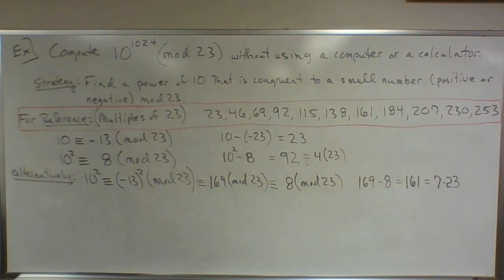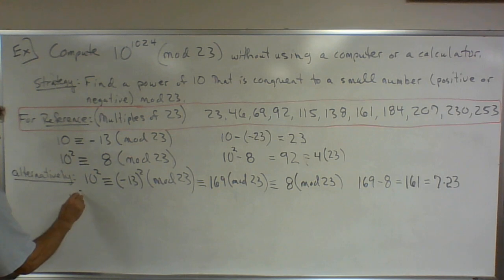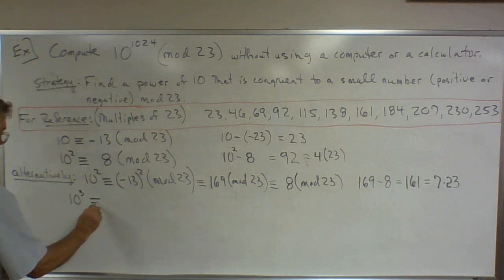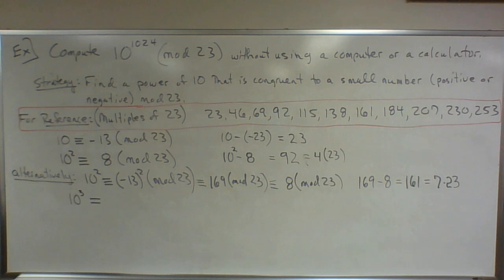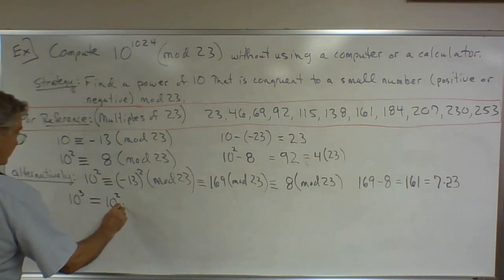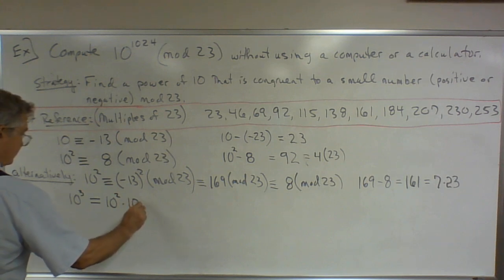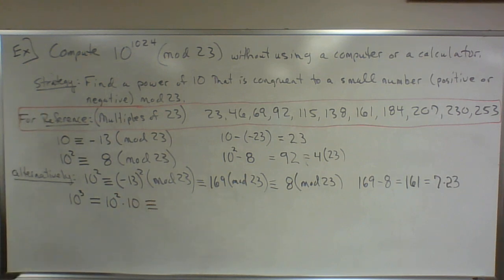Okay. Let's see. 10 cubed. 10 cubed is equal to 10 squared times 10. And 10 squared is 8 mod 23.